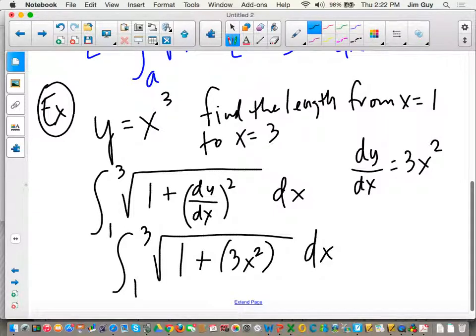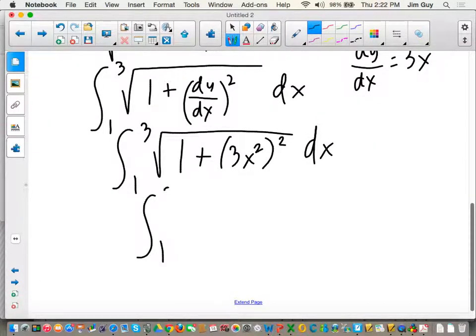And if you have a long, complicated derivative, don't start foiling out this big, huge, long thing, knowing that you're going to have to plug it in your calculator anyway. I can square this one pretty easily, so this would just be this.